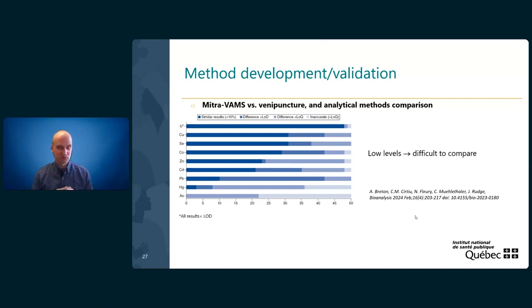Since we are using very, very low levels, it's really tough to compare. For most of them, like for example uranium, all the results were under the detection limit, so it's just not possible to compare.